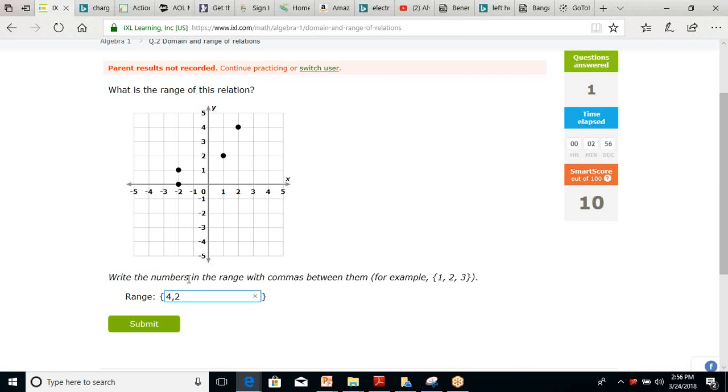So that's 2. For this one, the domain is -2 and the range is 0. So this has a range of 0 right here. And then for this one here, it has a domain of -2 and a range of 1.